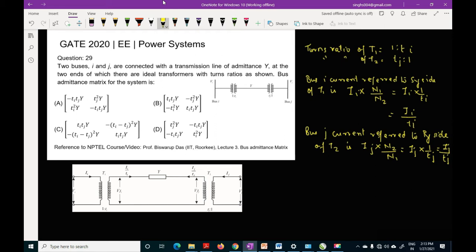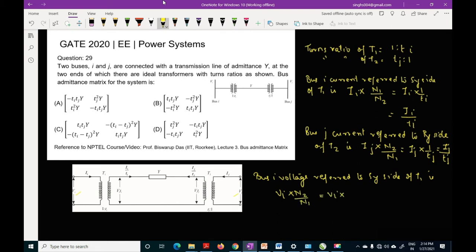Similarly, now we can refer the voltages of bus I and bus J on the respective sides of transformers T1 and T2. So the bus I voltage referred to the secondary side of T1 is Vi multiplied by N2 by N1.